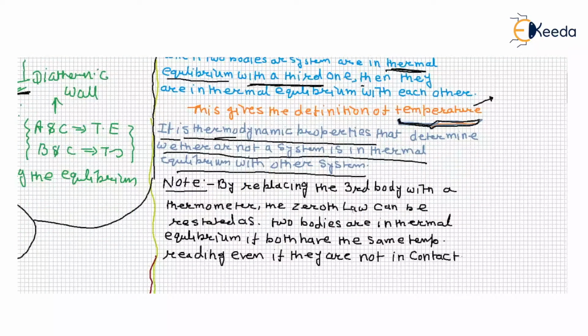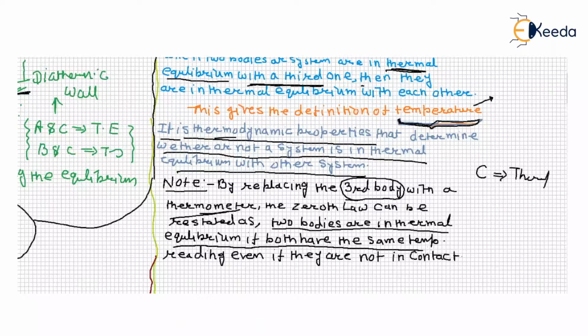Note, by replacing the third body with a thermometer, if we replace body C by a thermometer, the zeroth law can be restated as: zeroth law फिर ये बोलता है कि two bodies are in thermal equilibrium if both have the same temperature, right? Two bodies, अगर दो bodies हैं, two bodies are in thermal equilibrium, that means body A and body B. That means both have temperatures TA and TB, that means TA equal to TB.